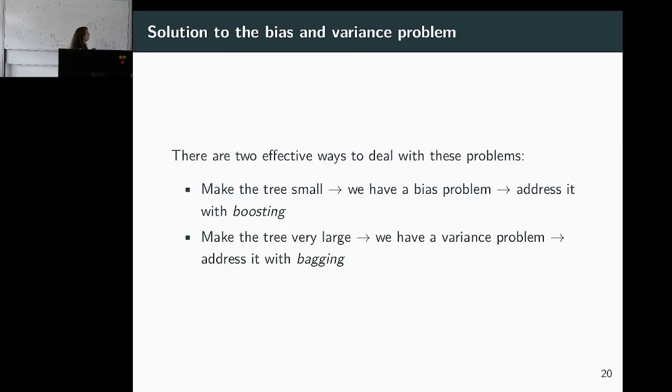Boosting and bagging are not only applicable to decision trees: boosting is applicable to all algorithms which have a bias problem, bagging to all algorithms which have a variance problem, but especially with decision trees they really give strong estimators. It's basically only small adjustments. So actually we're already done with all of this theory. It's just about how we address this variance problem.